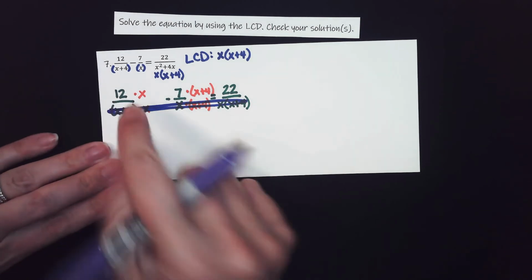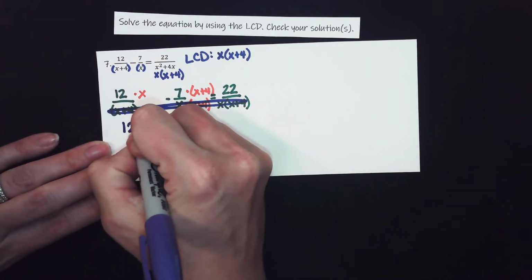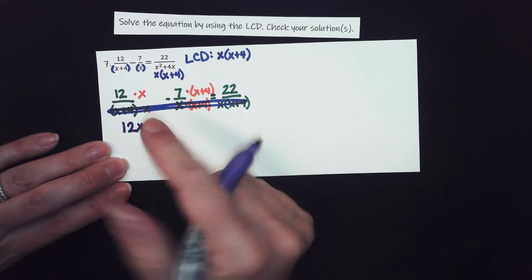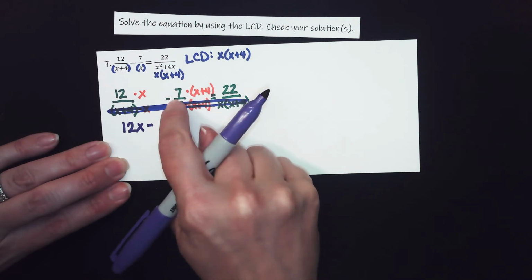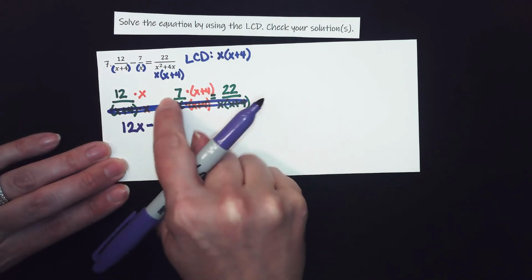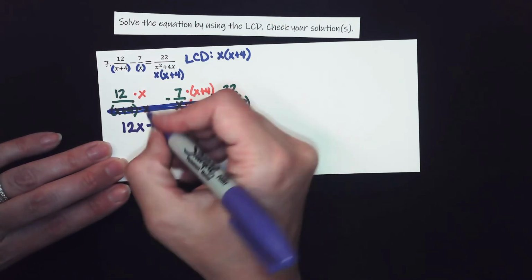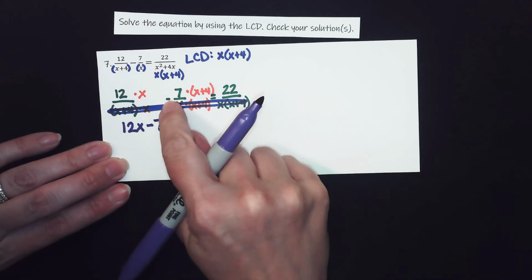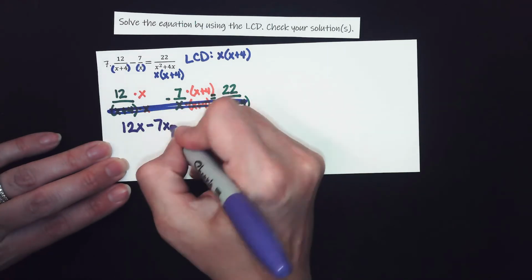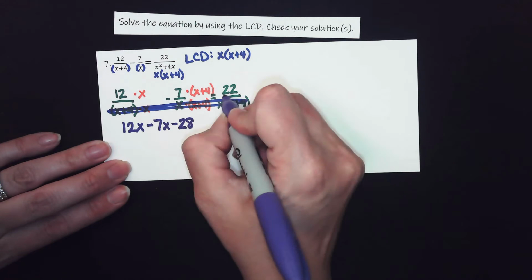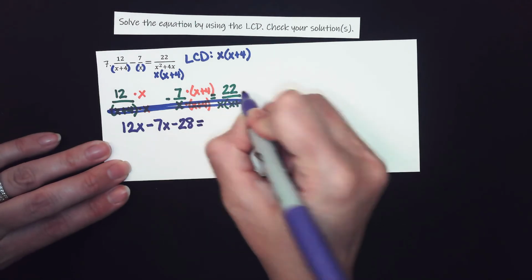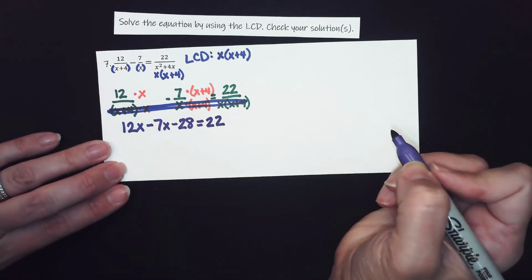So up top, I have a 12 times x. 12x, and I have a minus, and I have to distribute that 7 to the x and to the 4, and it's a negative 7. So negative 7 times x is negative 7x. Negative 7 times 4 is a negative 28. And then I have my equal sign, and on that side I only have that 22.